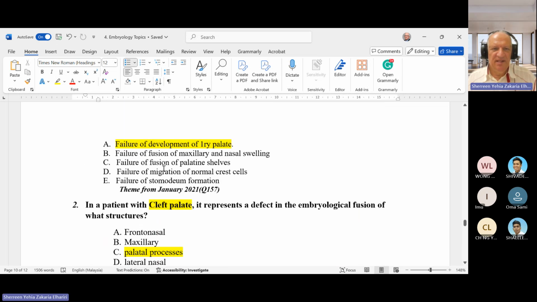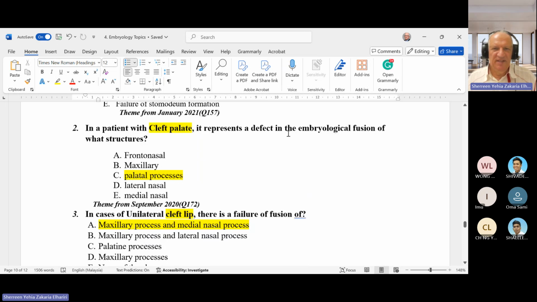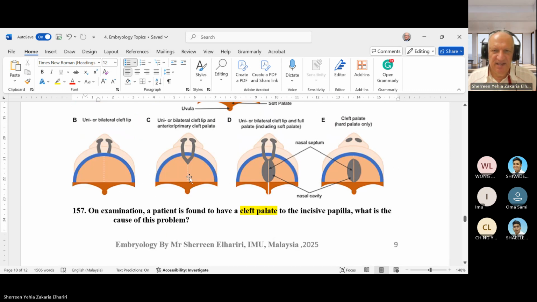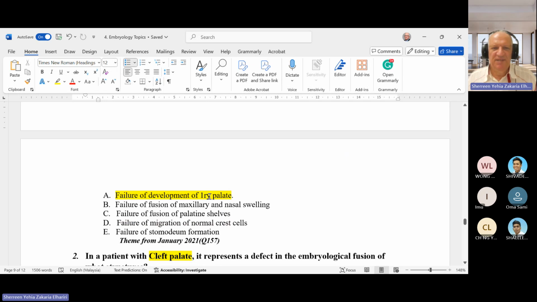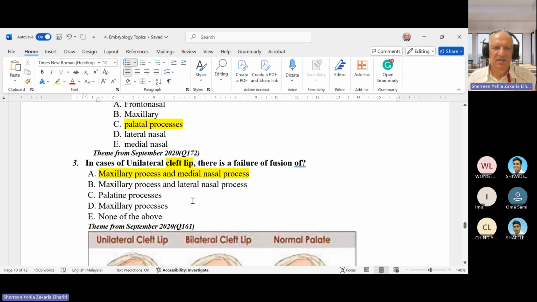So again, cleft palate is failure of development of the primary palate, or if they ask, a defect in the fusion of the palatal process, because cleft palate is in the hard palate. So it is in the hard area. So it is primary plate and palatal process. But cleft lip is a failure of the maxillary and the medial nasal process.